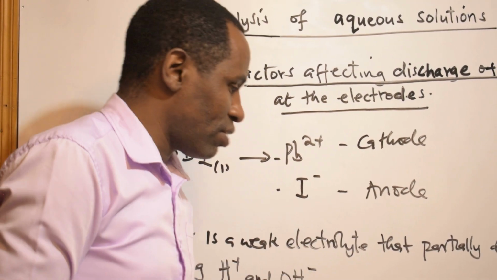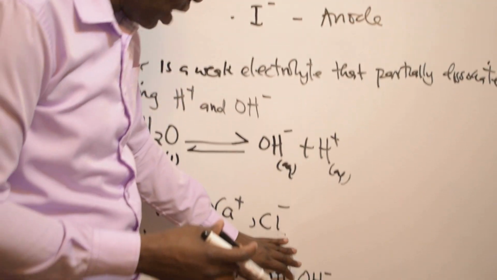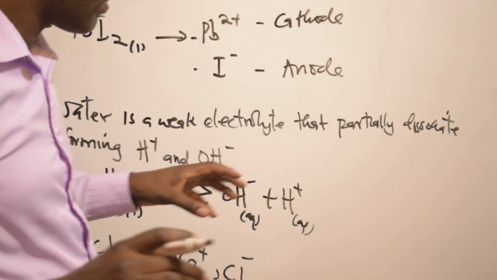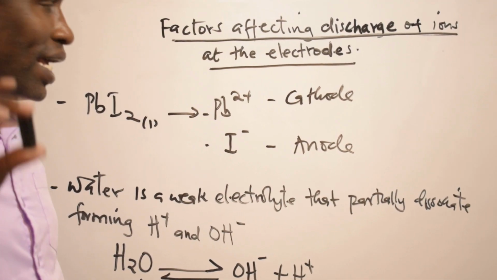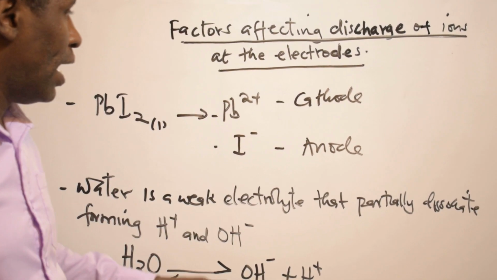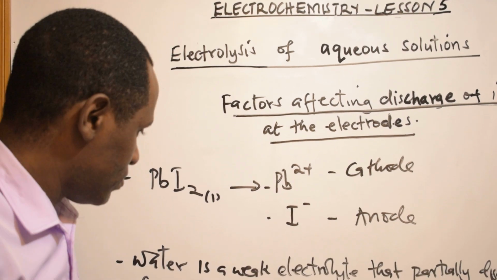And maybe later on, if time allows, I'm going to discuss how we determine the quantity of substances formed at the cathode and at the anode. Therefore, welcome to my discussion on the factors affecting the discharge of ions.